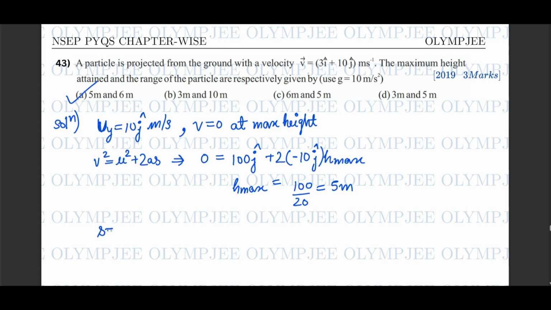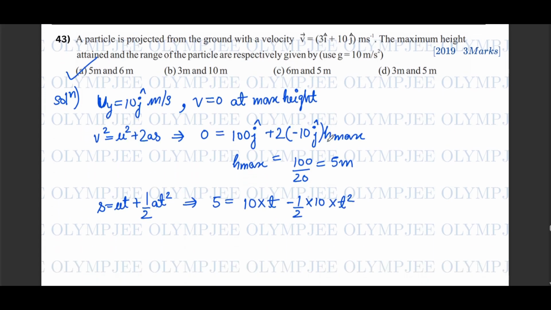S is equal to ut plus half at square. 5 is equal to 10 into t minus half into 10 into t square, which gives us 10t minus 5t square is equal to 5.